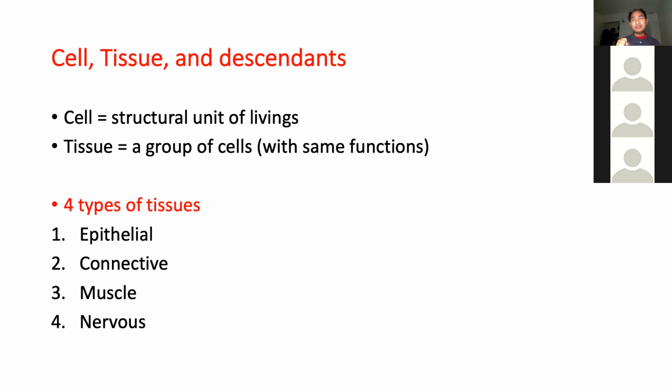Whenever you see a piece of tissue under the microscope, you will be thinking only 4 types: epithelial tissue, connective tissue, muscle tissue, and nervous tissue.